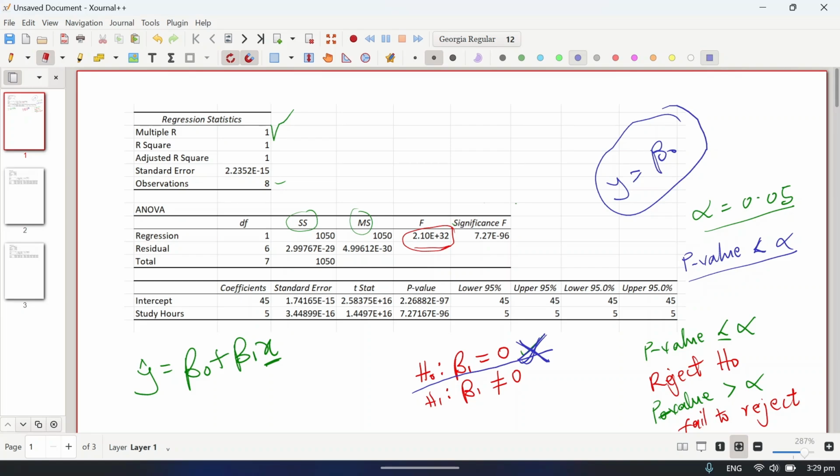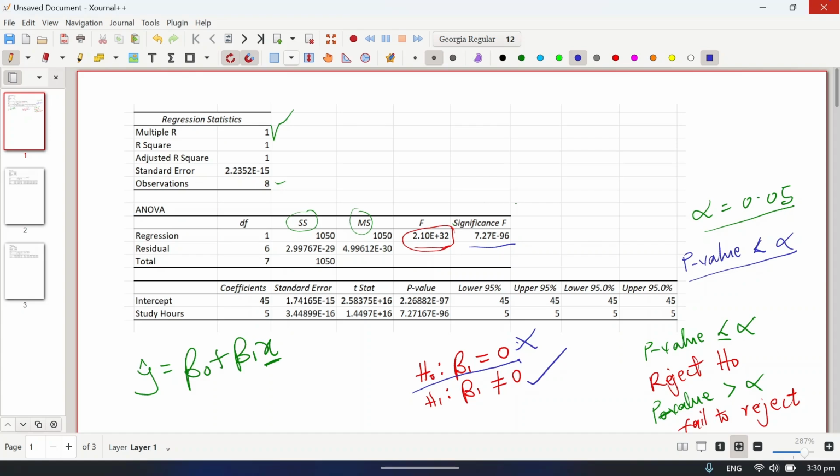This particular value is telling us that this is not true, which means that we reject the null hypothesis, and then we conclude that there is a significant relationship between the dependent and independent variable. So we reject this one and accept this one. So that is what it means.